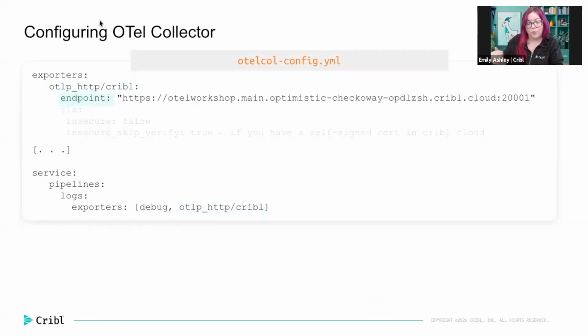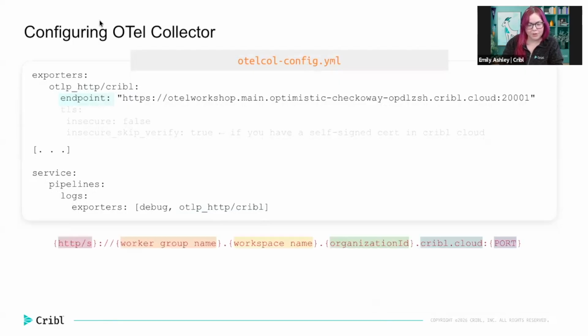Now we will define the endpoint we want our collector to send to. If you're wondering how to know what your endpoint is for Cribl, here is a breakdown. You have HTTP or HTTPS if you have TLS enabled on your OTel source in Cribl. You then have your worker group name, your workspace name, your organizational ID, which is that three-word thing, .cribl.cloud, and the port.